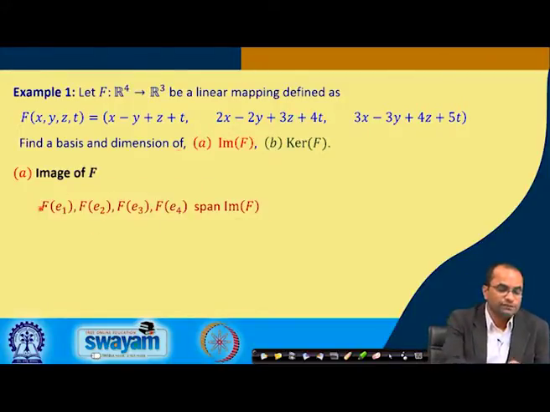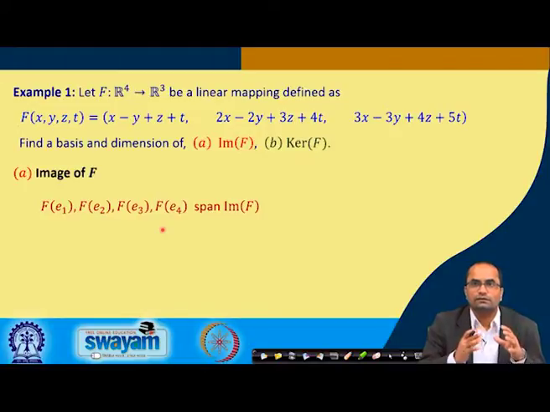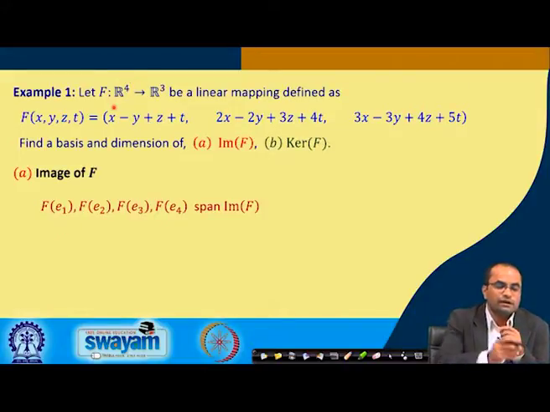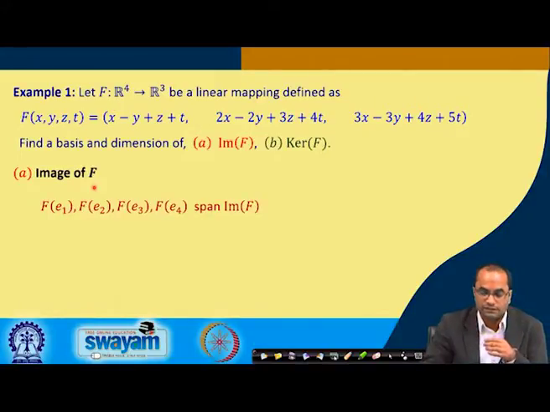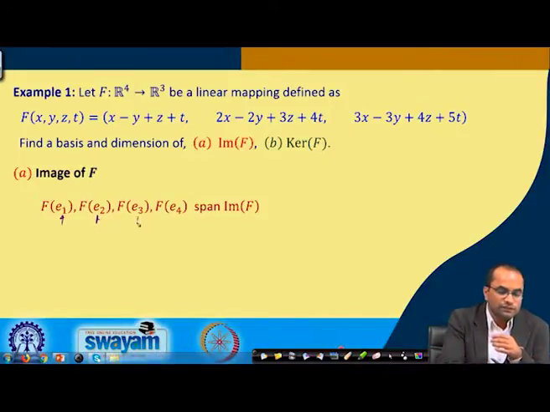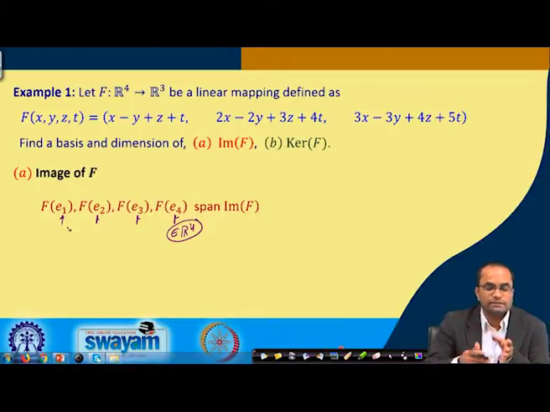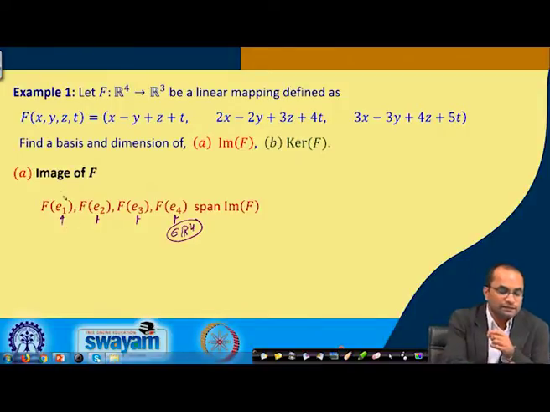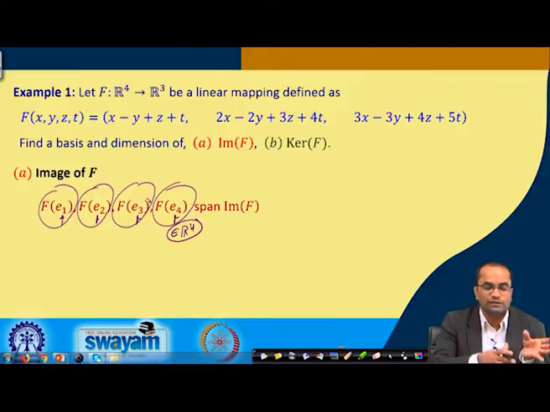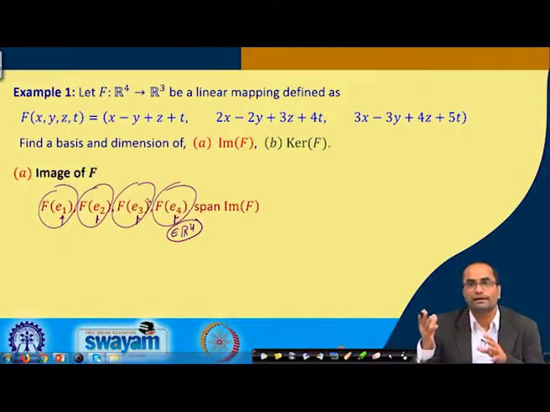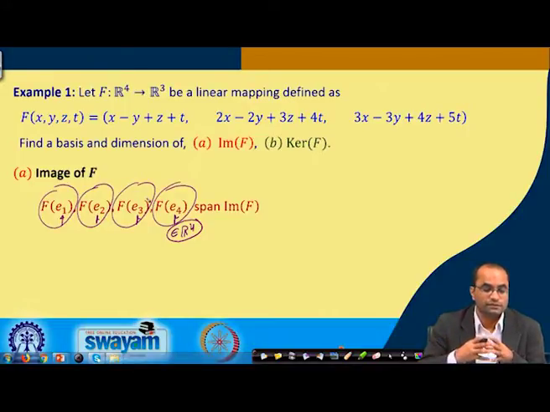From the previous lecture, we know that once we have elements that span a vector space X, such as the standard basis of R^4, e1, e2, e3, e4, then f(e1), f(e2), f(e3), f(e4), which are vectors in R^3, will span the image of this mapping f.